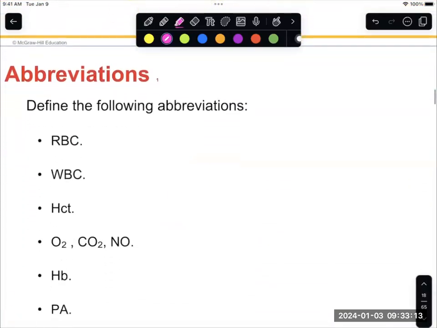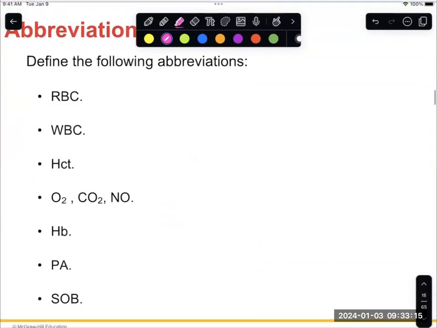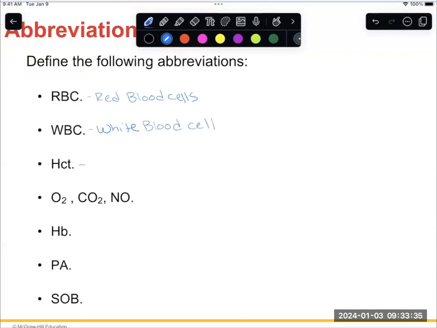Let's look at abbreviations that deal with blood. RBCs, red blood cells. WBC is a white blood cell. HCT is hematocrit.